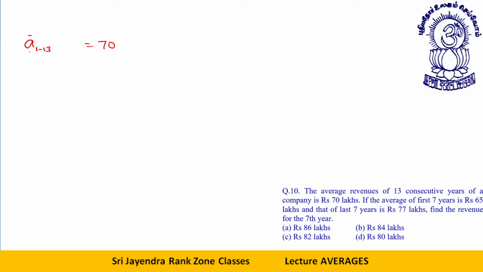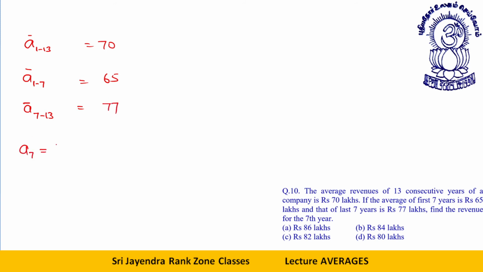If the average for the first 7, A1 to 7, is 65 lakh, and that of the last 7 is 77, that is A7 to 13. These are the last 7 values. This is 77. So you have this A7 common.